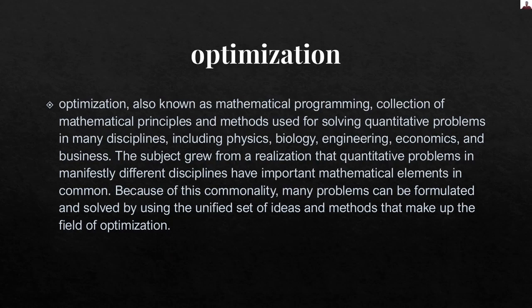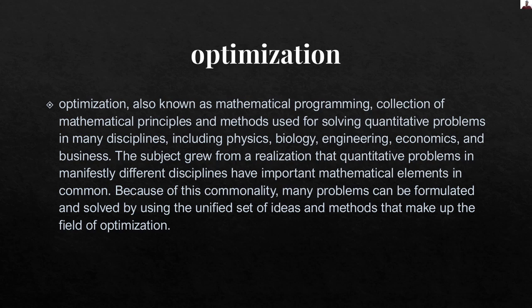In order to know what the 10 optimizations of a linear search are, you need to know what optimization means. Optimization, also known as mathematical programming, is a collection of mathematical principles and methods used for solving quantitative problems in many disciplines, including physics, biology, engineering, economics, and business.